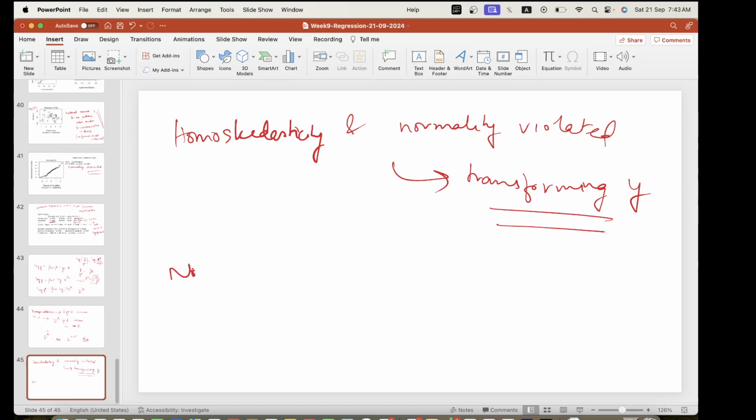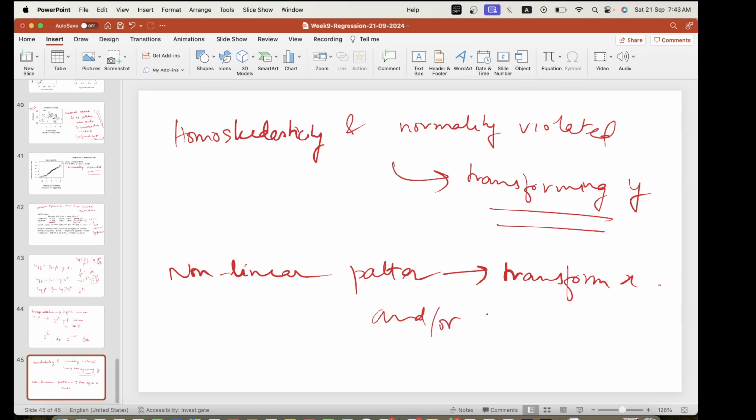And if we see that there is a non-linear pattern, we would first transform x and or y.